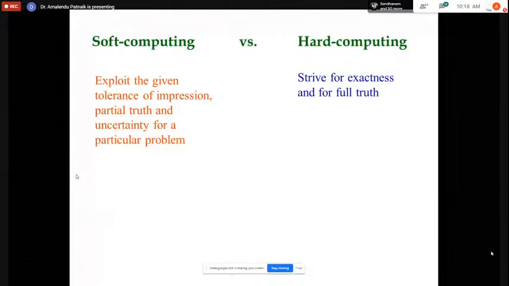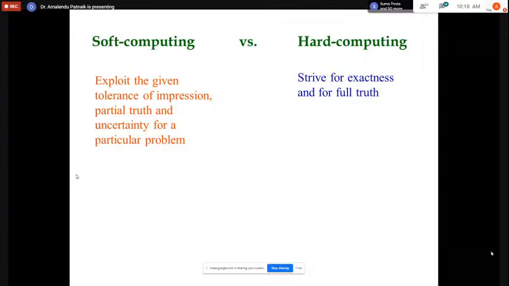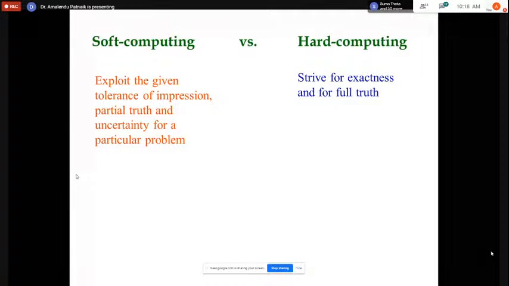You apply the available formula, integration, differentiation, and try to find the exact answer. In soft computing, we are not moving towards that.